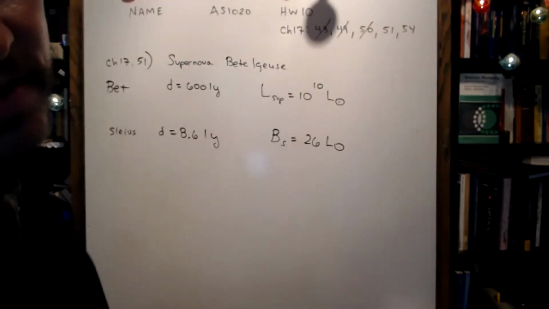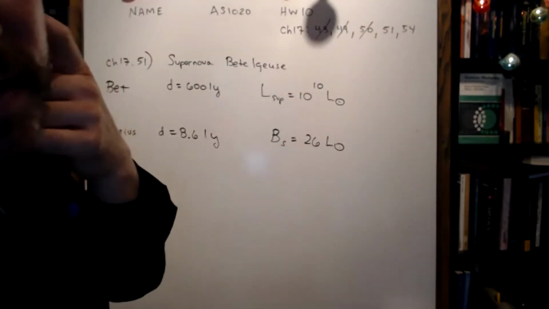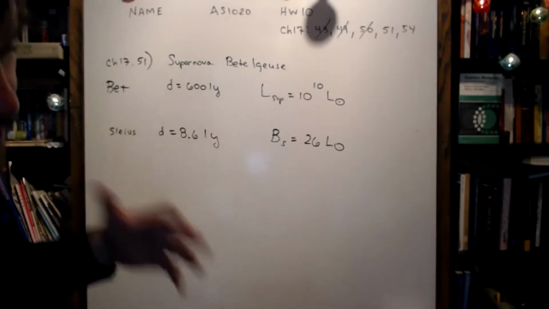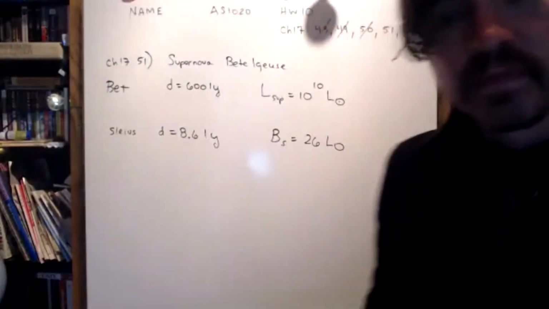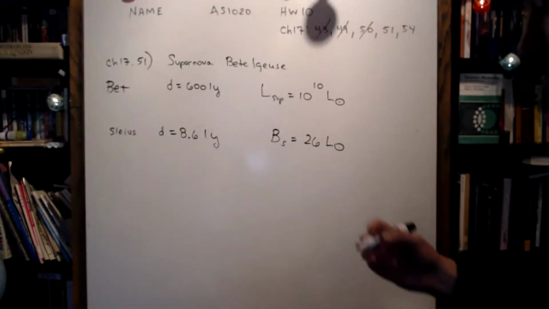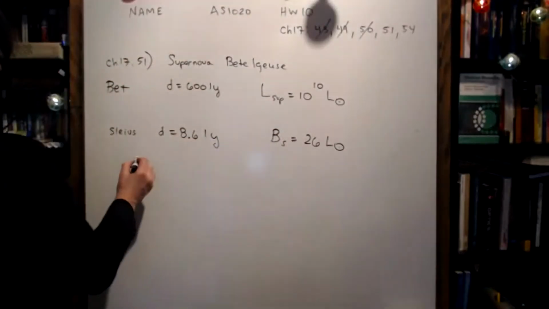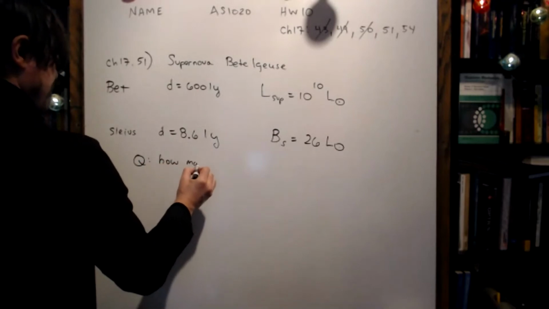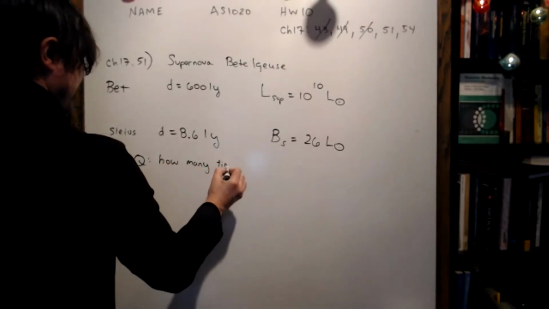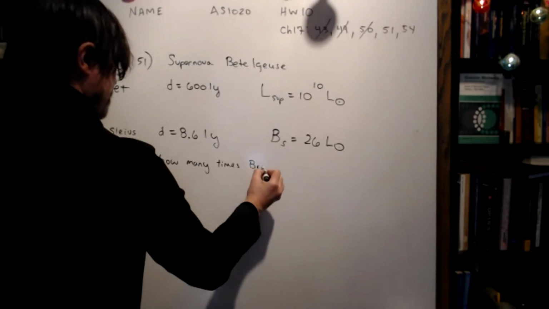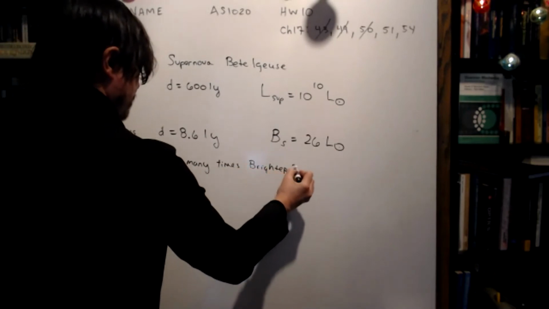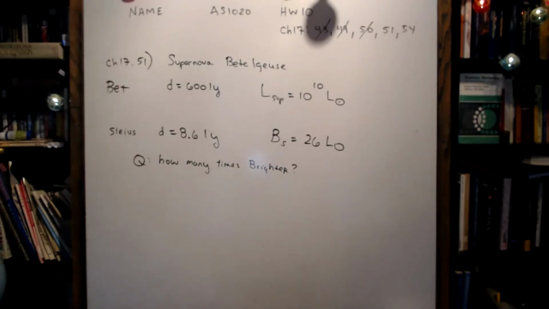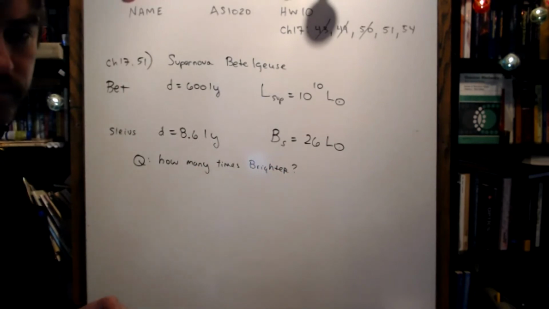Sirius is the brightest star in the sky today, 26 solar luminosities. The question at the end was, how much brighter than Sirius would the Betelgeuse supernova be in our sky if it reached a maximum luminosity of 10 to the 10 solar luminosities?